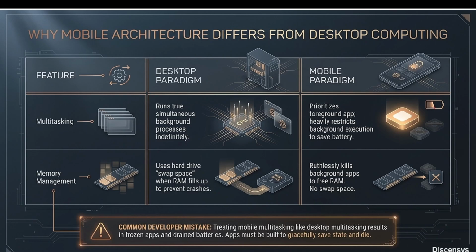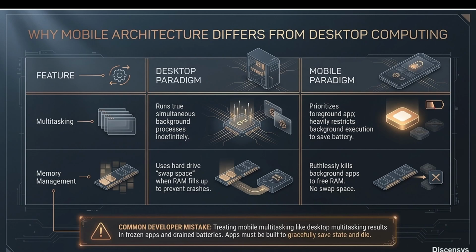A common developer mistake is treating mobile multitasking like desktop multitasking. Those are completely different because the amount of computational resources available is different. If the developer treats mobile multitasking the same as desktop multitasking, it will result in frozen apps and drained batteries.